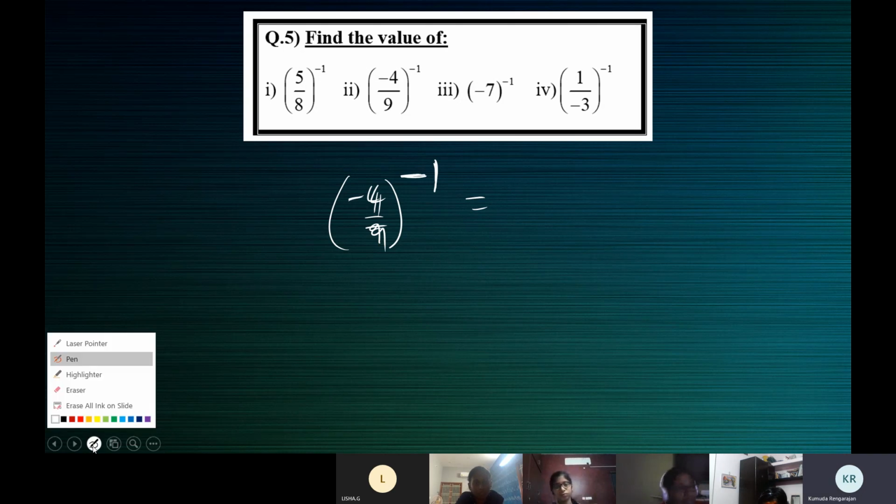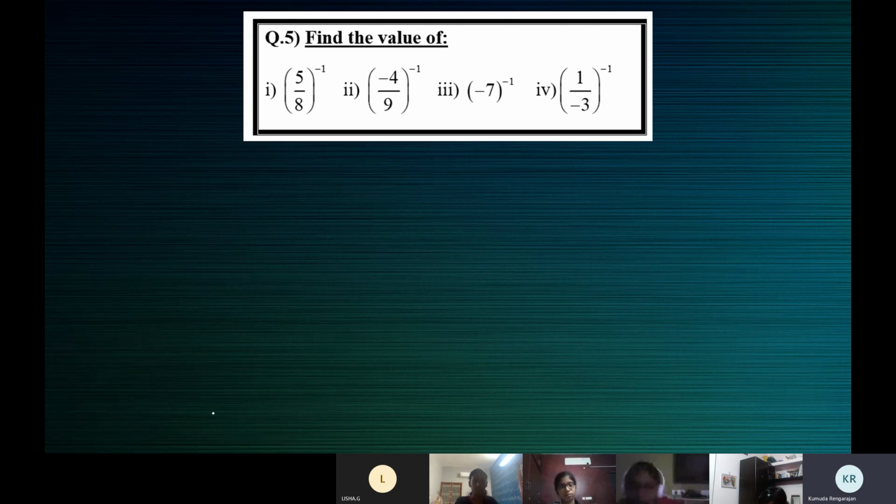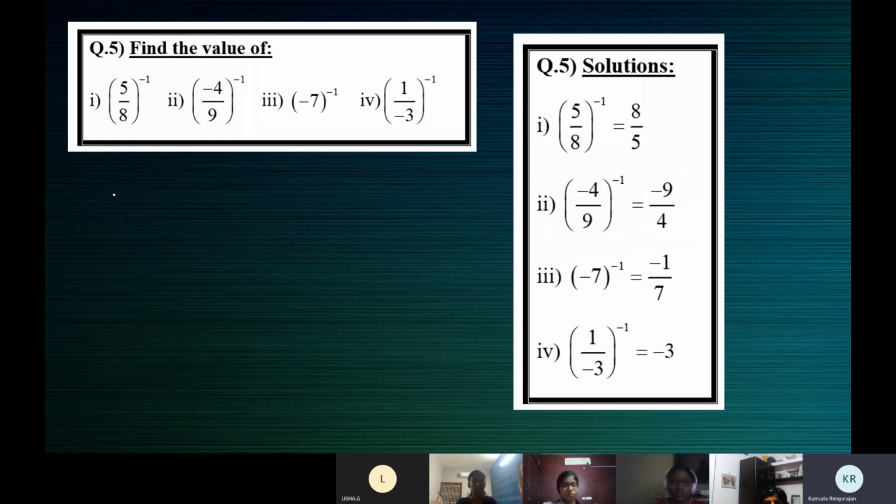Now we'll learn more about exponents in the chapter on exponents. Now we are not learning exponents. We're just trying to understand what the power minus 1 means. When a rational number is raised to the power minus 1, you are expected to write its inverse or the reciprocal. So you can see the answers here.